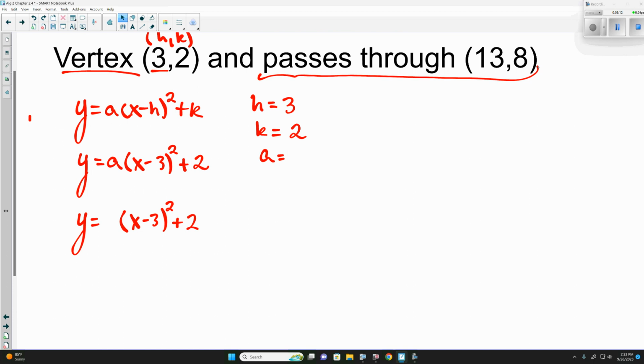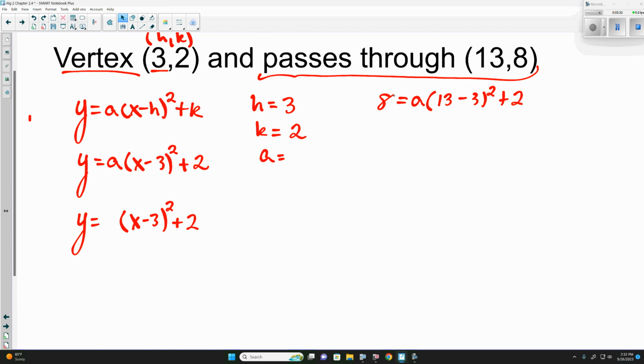What that's telling us is when the x value of this parabola is 13, the y value is 8. So whatever the a value is, when I plug 13 in for x into this equation, the y value will be 8.